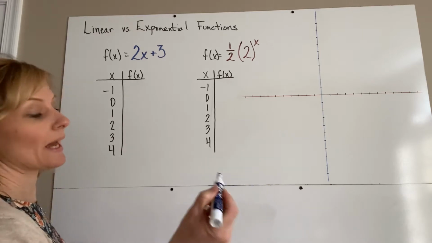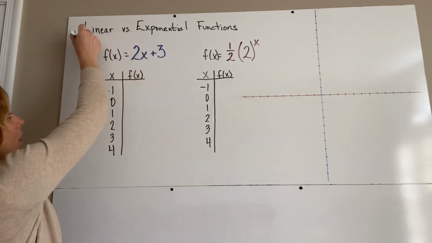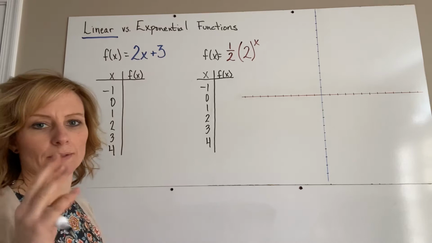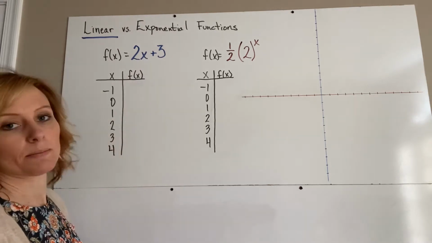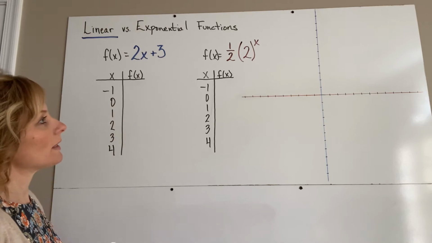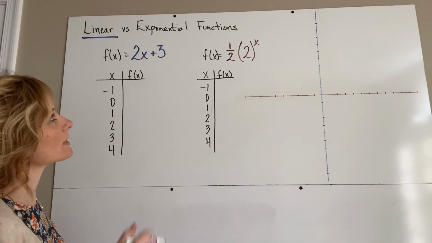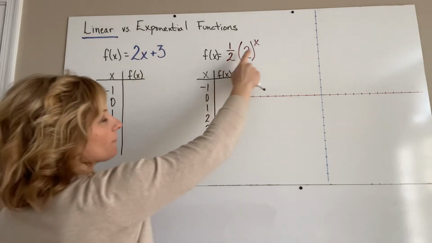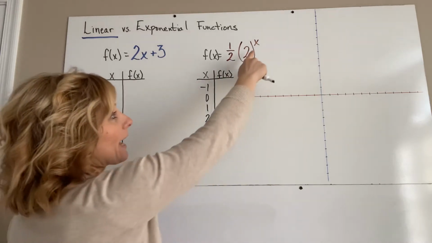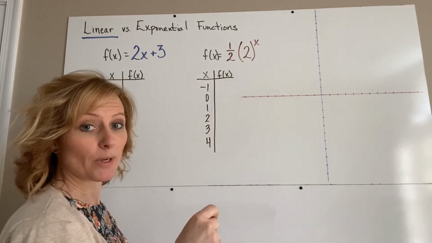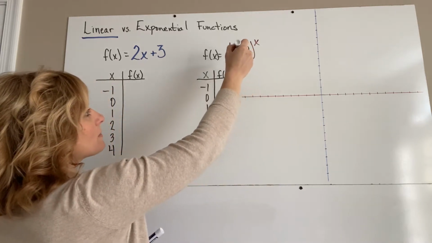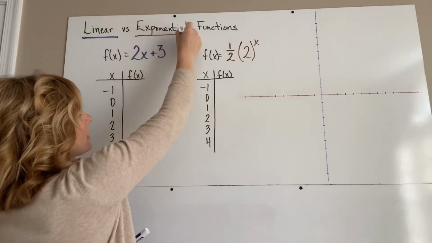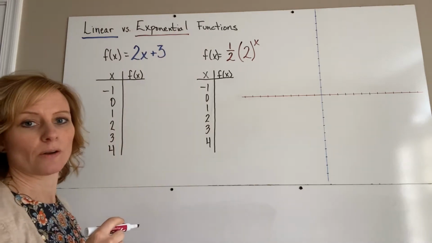So we're going to take this blue marker just to help make it stand out a little bit, that linear function is, in fact, the 2x plus 3. This other one is obviously exponential. The big kicker here: if it has an x as the exponent, it is exponential. So this 1/2 times 2 to the x is our exponential function, all right?